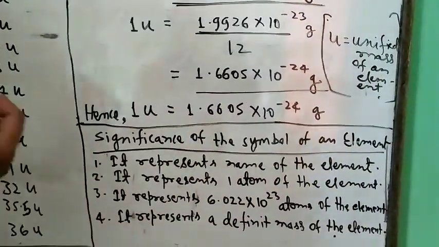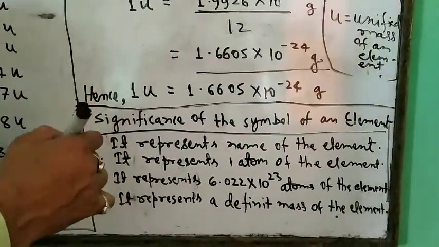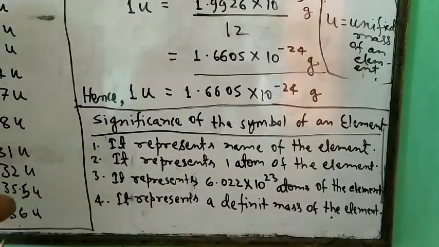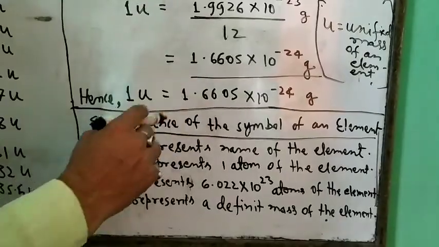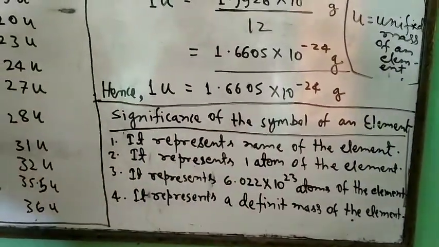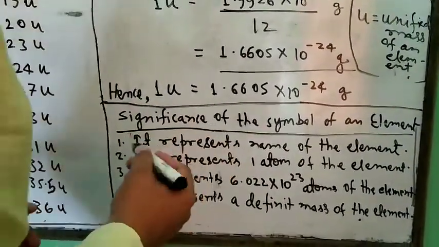If we calculate the mass of another element, we multiply this number by the atomic mass of that element.